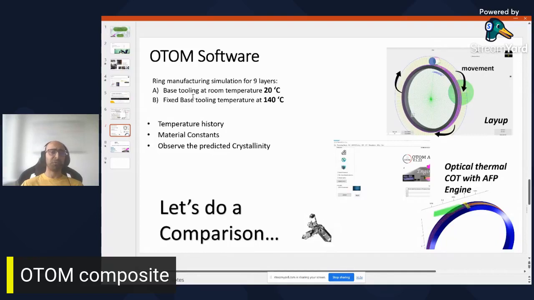One time we use the base tooling at room temperature, 20 degrees Celsius. This main structure is the round one, which is thick. And one time we fix the base tooling at 140 degrees Celsius to see the differences. We will have a look at the temperature history, material constant, and the predicted crystallinity. So without further ado, let's jump into the comparison between the crystallization of these two cases.